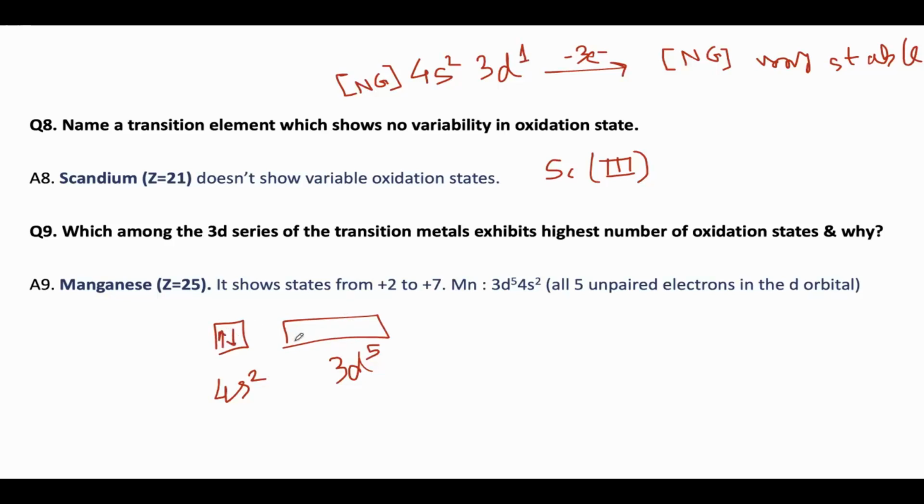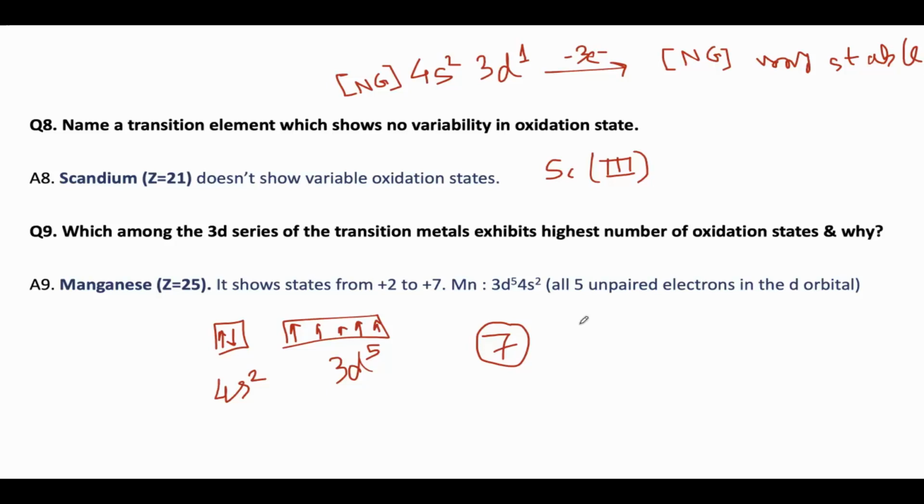So we have 2 electrons in the s orbital, and here we have 5 unpaired electrons. So we have these 7 electrons. Now it will start from the +2 state, because if the 2 electrons go away from manganese, it will have a half-filled electronic configuration, which is d5, which is highly stable. That's why it has the +2 configuration.